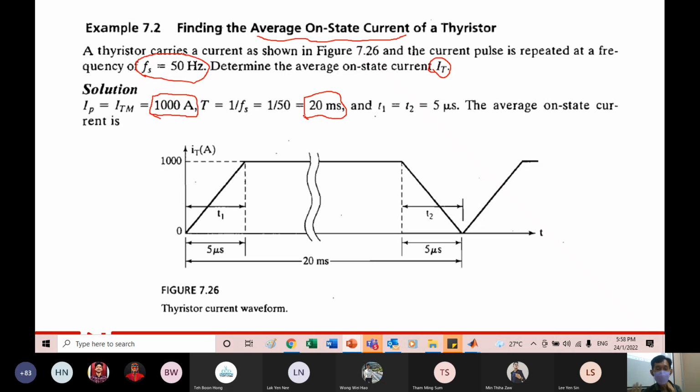Then again, it will have rise time and fall time only. It will only have a rise time because this one is very slow. It takes a longer time. You see, the rise time is all in microsecond, and in the high speed transistor it is all nanosecond. So it's very much faster.